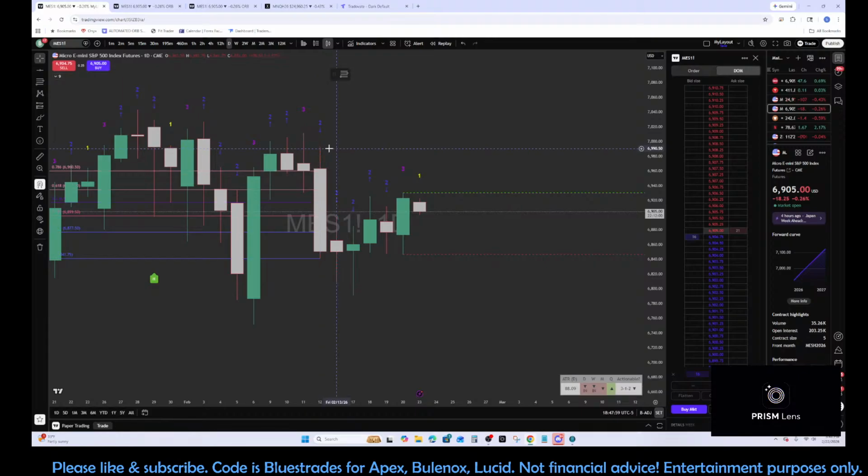So right here, it would have alerted me this failed 2 back on Thursday. And that was the daily. And then Friday here on the 13th. That would have been the Friday the 13th. We came down, so I would have played that short there on that Friday based upon that alert. We had another failed 2 here back on the 3rd of February.